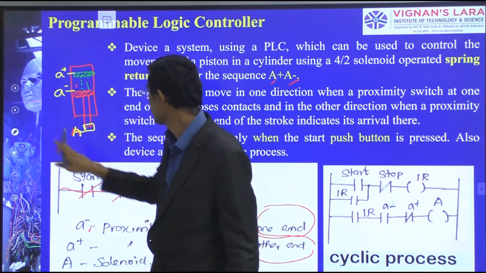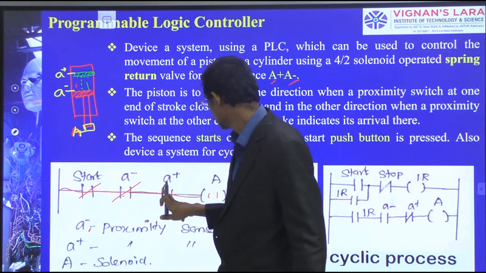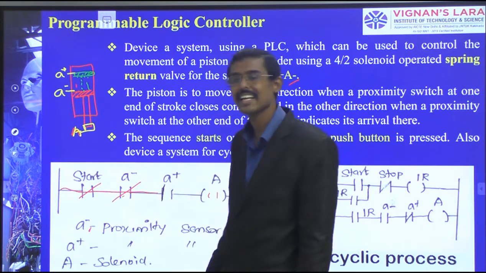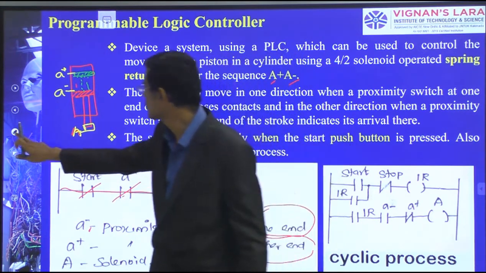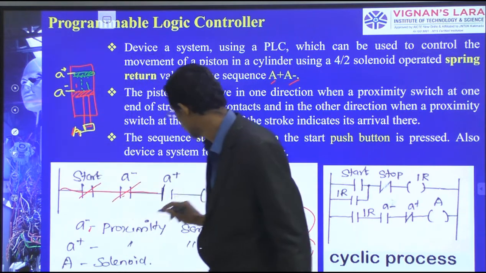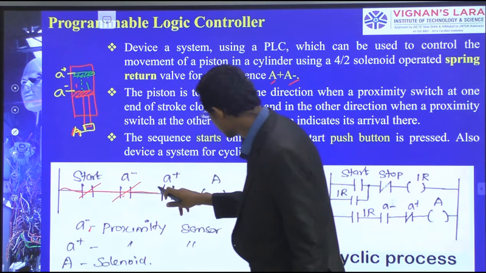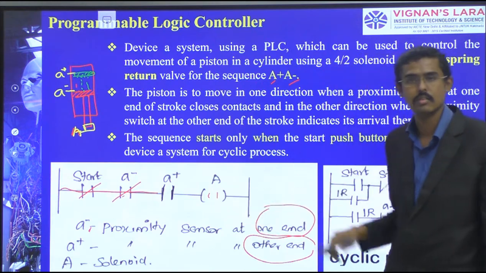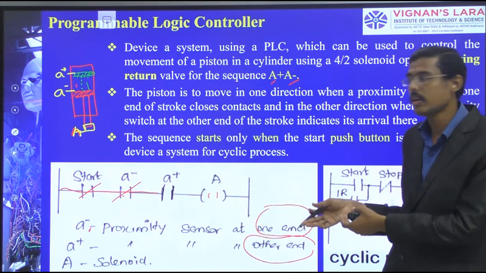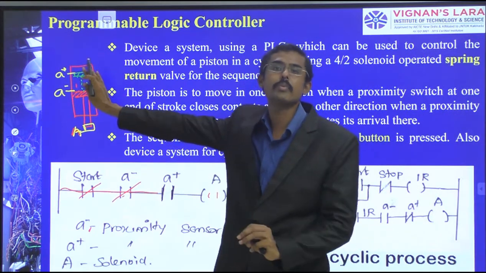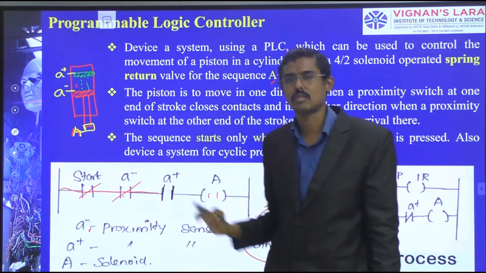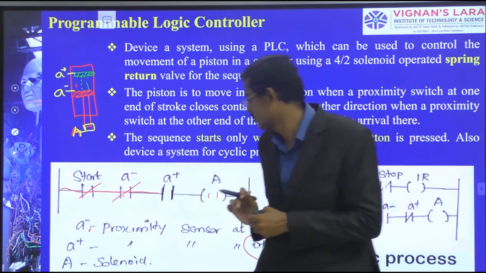Therefore, it will disconnect those points. If it is disconnecting those points, the power supply is not going to the solenoid, and it is going to stop there. That is the process.